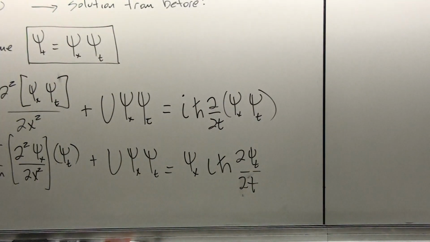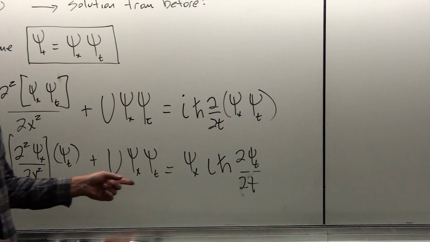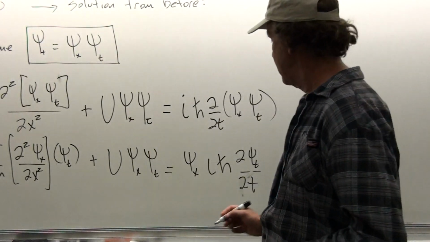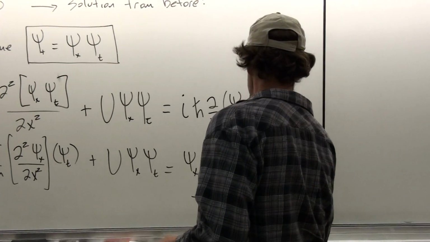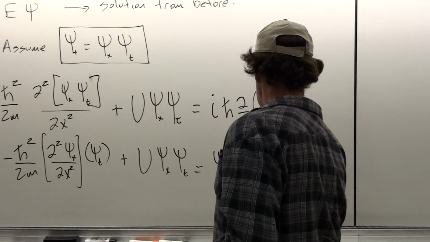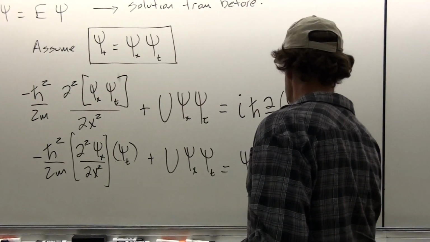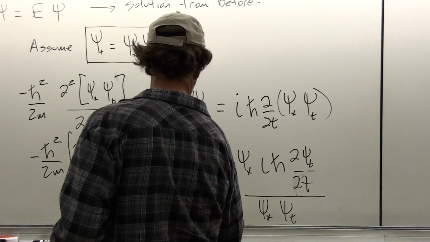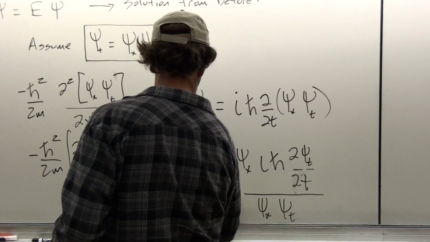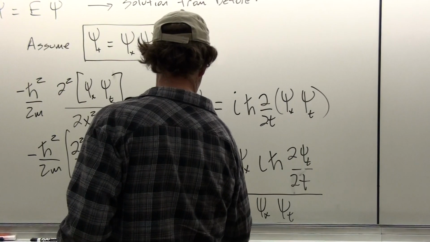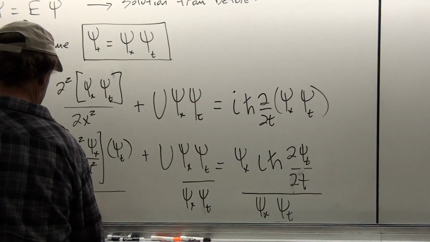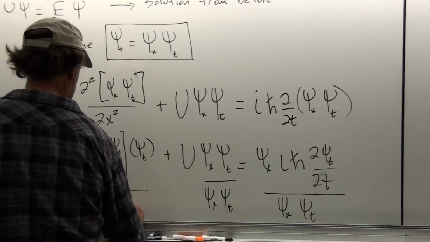Okay, so now what I'm going to do, and this is similar to what I did with separation of variables for the three-dimensional particle in a box, is divide both sides of the equation through by psi(x) psi(t).